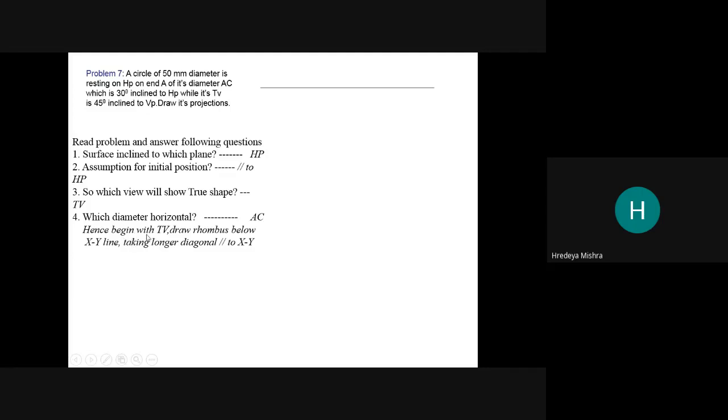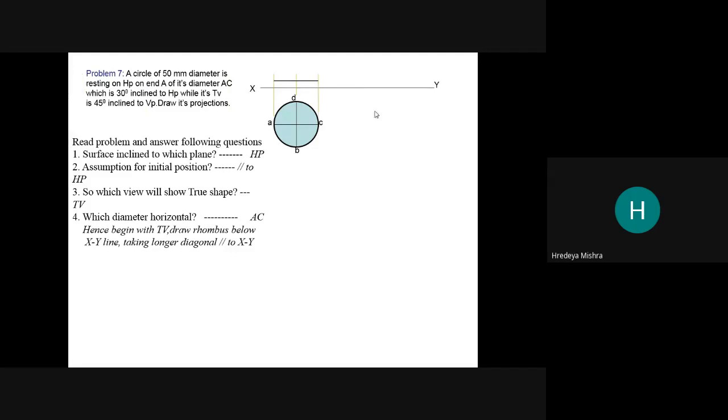Hence we will begin with the top view: draw the assumption below the XY line, taking the longer diagonal parallel to the XY line. So let's begin. Draw a circle, make AC, which is parallel to the XY line. Now draw the projections.